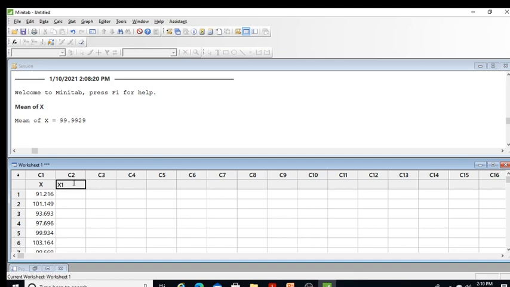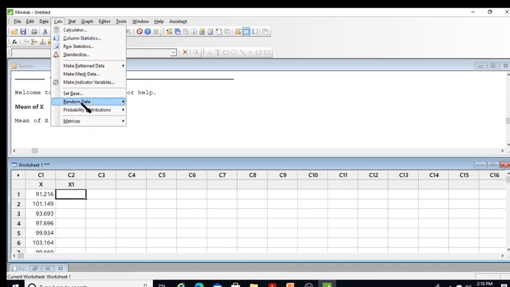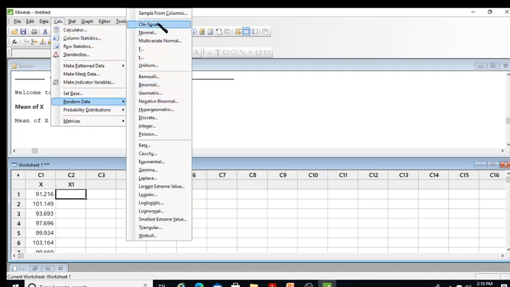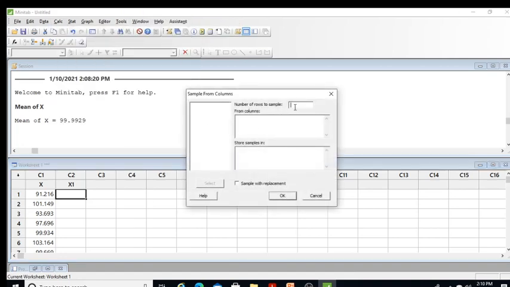Let's say X1 is my sample. To generate a sample from this column, I go to random data, then sample from column. From sample from column, let's say I generate a sample of 35 rows from column CX1 and store it in X1.